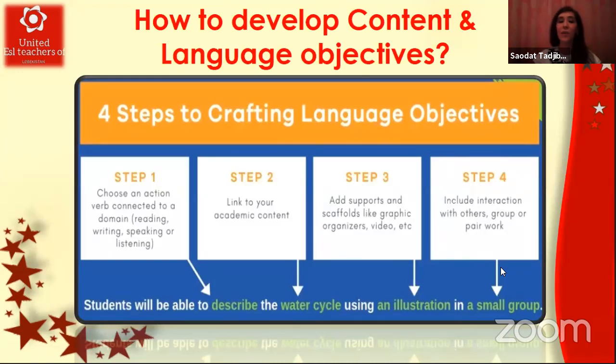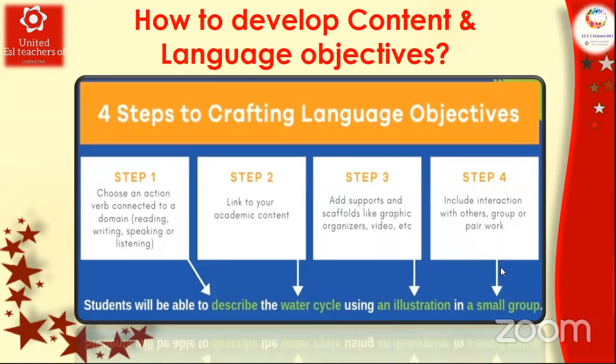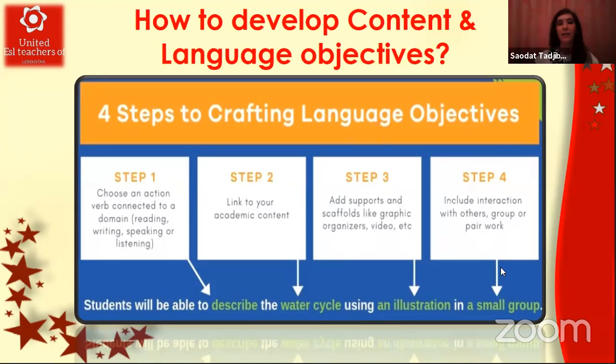I am just referring back to cover all your objectives. To check at the end of the session, you should check. It doesn't matter what kind of feedback you are using. If it is group feedback, peer feedback, or teacher-generated feedback, still we should check if our objectives were covered fully or no.